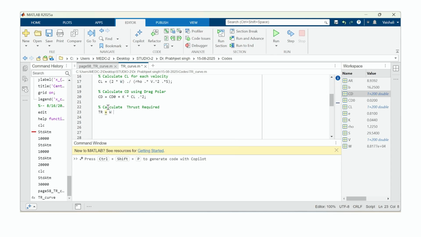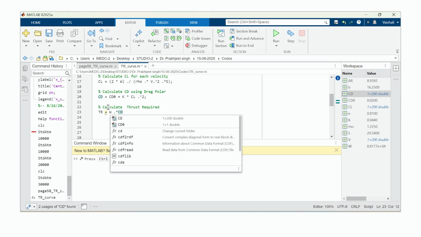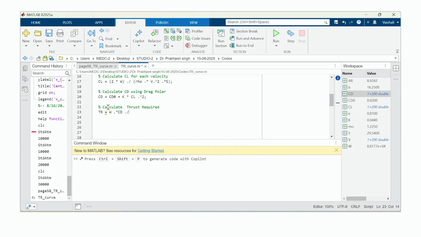Now this is a vector, so I am again writing dot into CD, divided by, again dot divided by CL. Thrust required will also obviously be a vector.